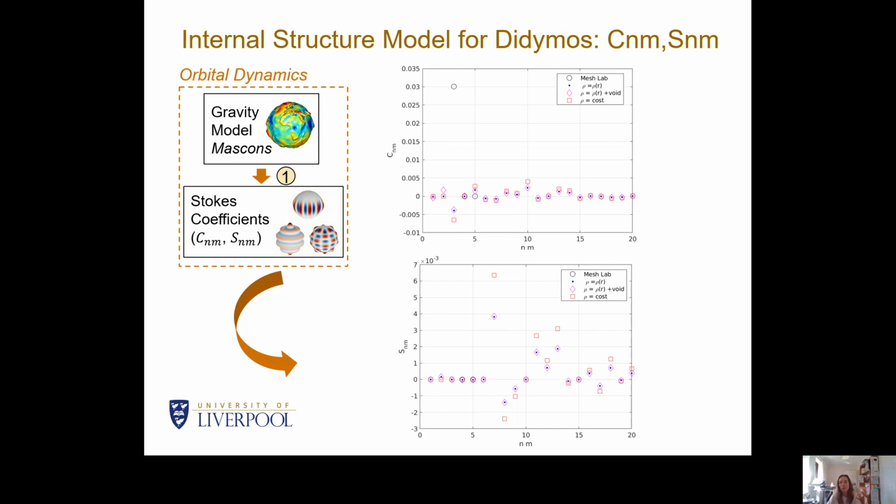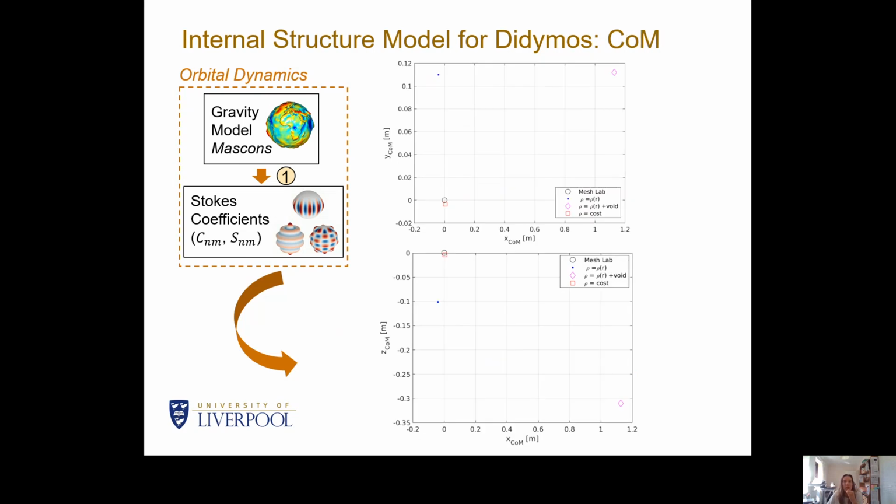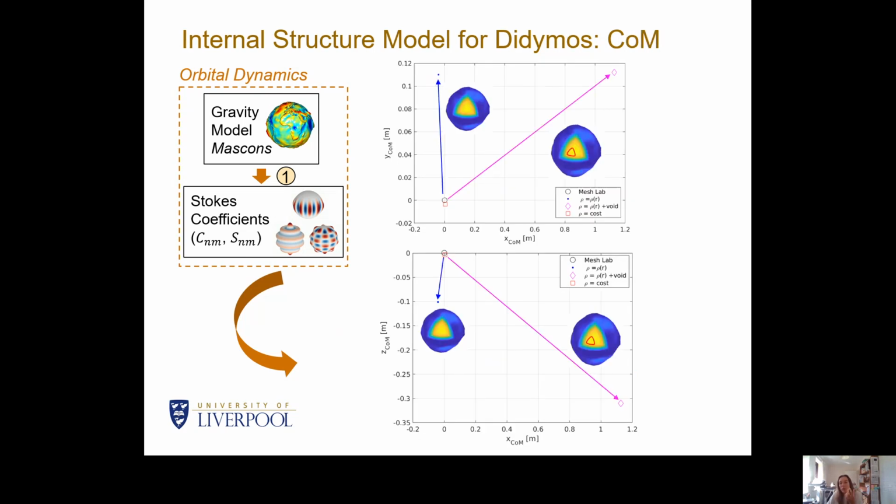It's not very big and it's almost in the center of mass. But actually, we notice that only the coefficient of first order, the one associated to the center of mass, has an effect. I forgot to mention, I computed the inertia tensor in MeshLab, and I computed the second order Stokes coefficients with the theoretical values and compared.